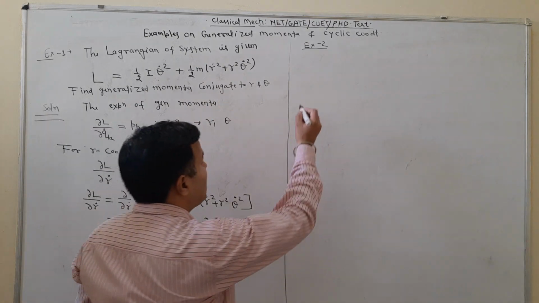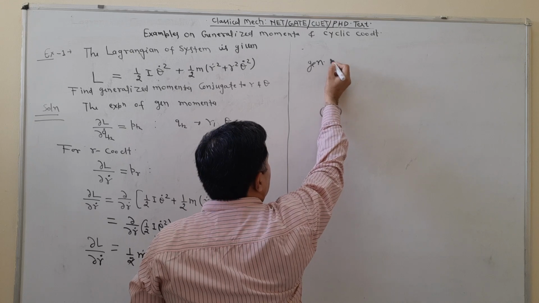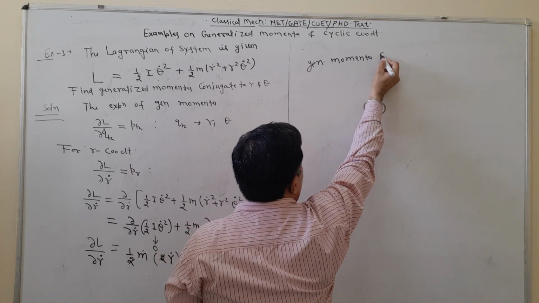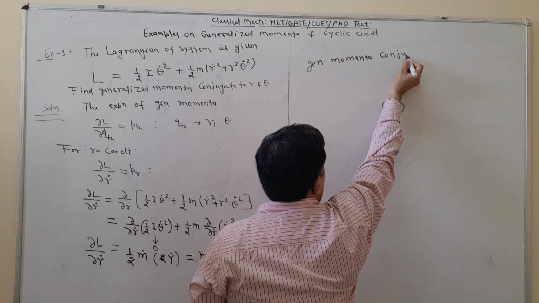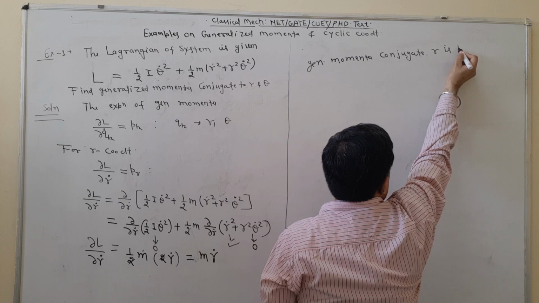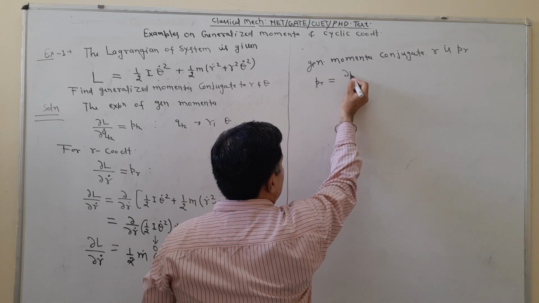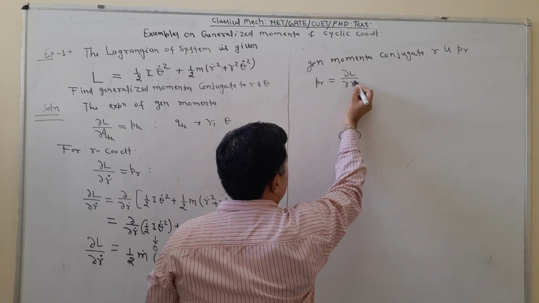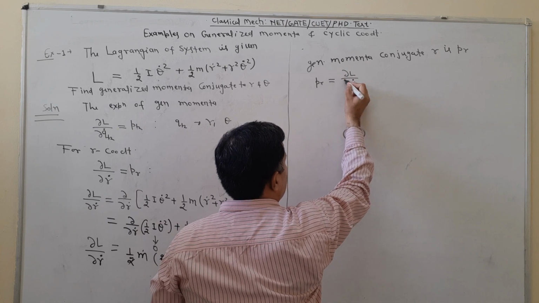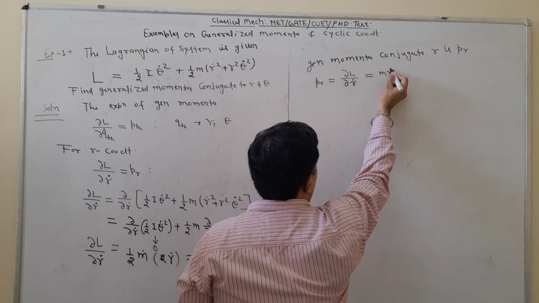We have to find the generalized momenta conjugate to r and theta. So the generalized momenta conjugate to r is PR, which is simply del L upon del r dot, which is m r dot.